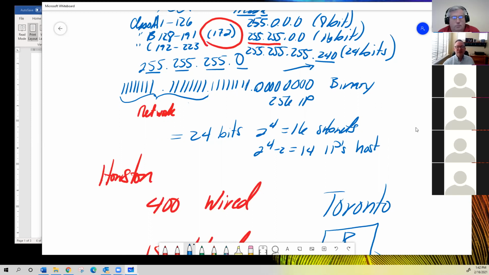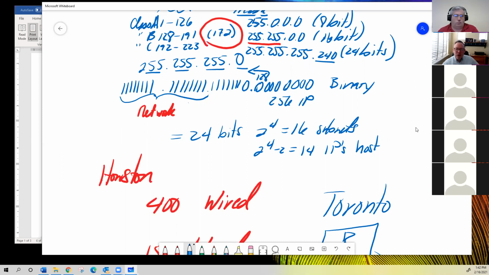255.255.255.0. But now, what's weird is you can go to the left here, and you can start changing these to zeros. Now, if this was the 128 column, the 128-bit column, and it's always doubling in binary, 1, 2, 4, 8, 16.